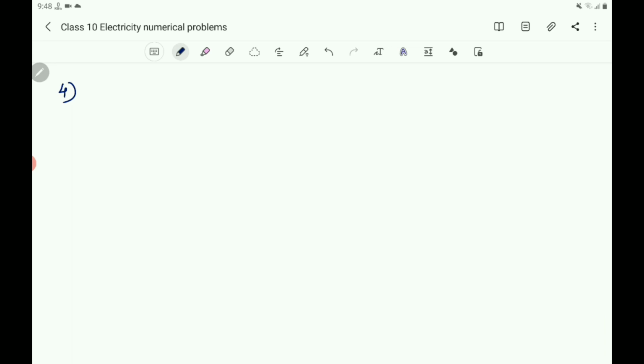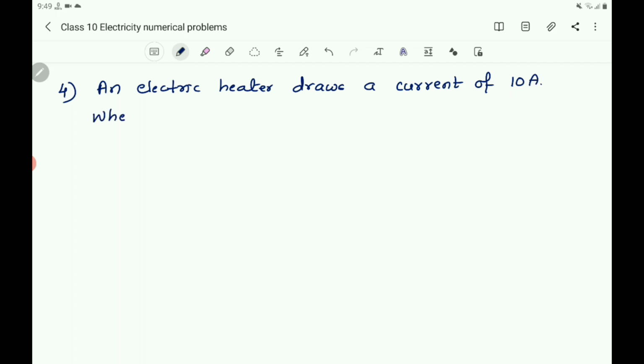An electric heater draws a current of 10 amps when connected to a 200 V supply.